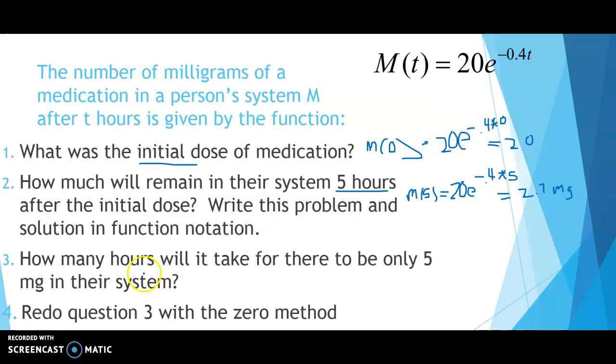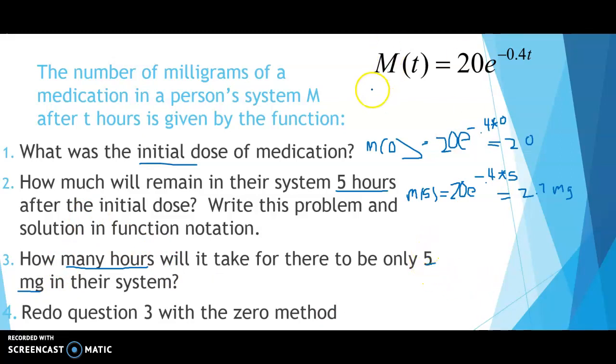All right, so question 3. It asks me this time how many hours will it take to be only 5 milligrams? So this question is very different than the first two. In the first two, it gave me the time, and I could substitute that into the formula. This time, the 5 is not the time, but the 5 is the milligrams.